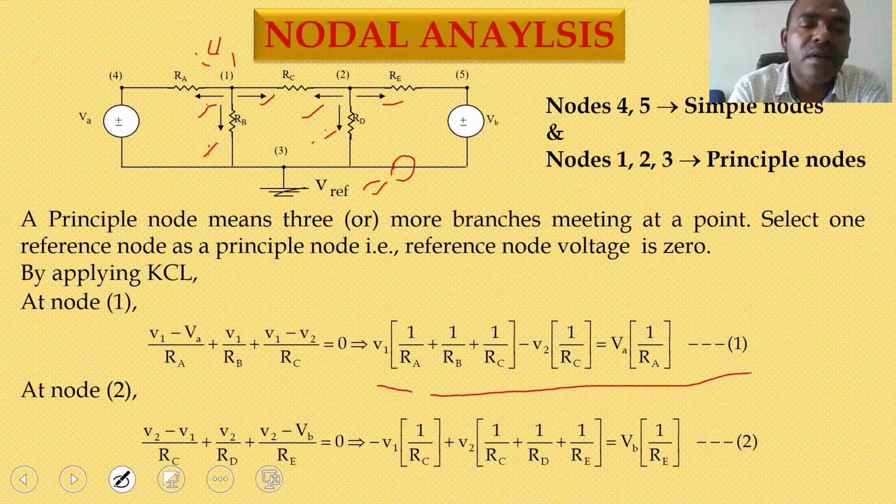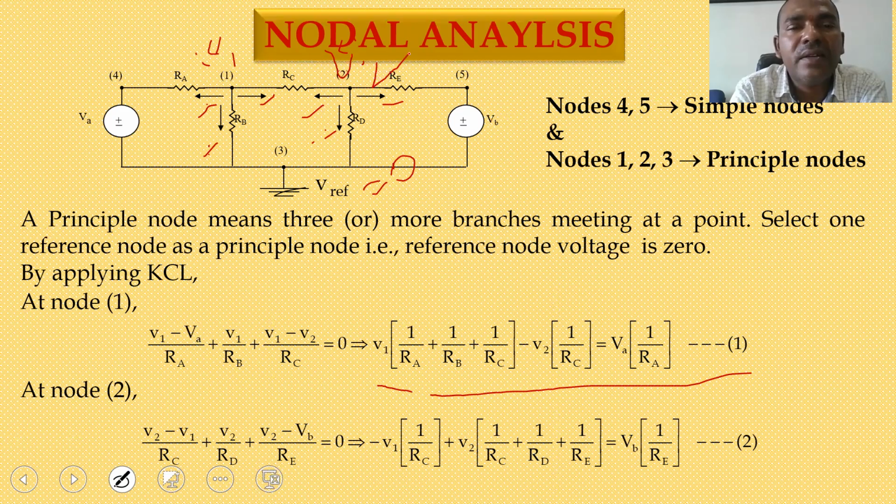While you are coming to the second node, I am taking V2 as the node voltage. Here also 3 branches are meeting at a point, so you can get 3 currents. The first current is V2 minus V1 by RC. Second current is V2 minus V reference by RD. Anyway, V reference is 0, so V2 by RD.